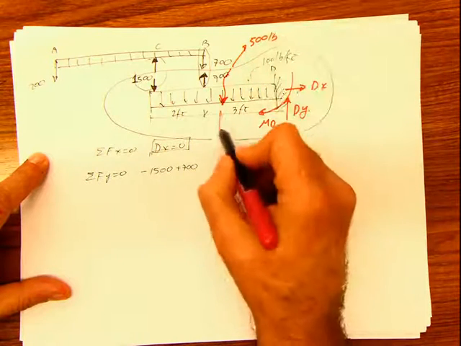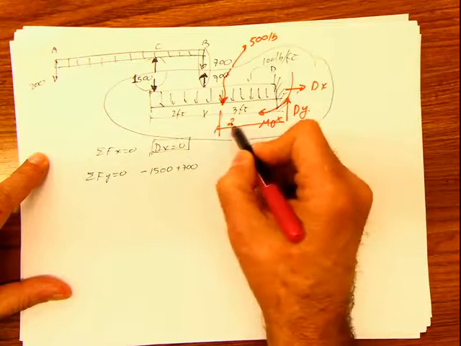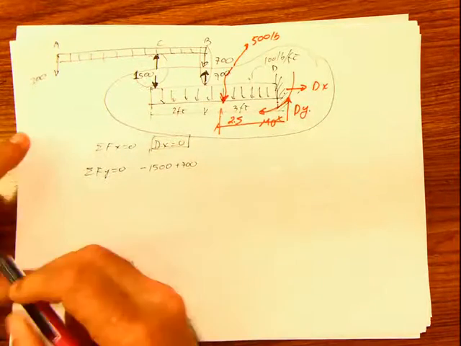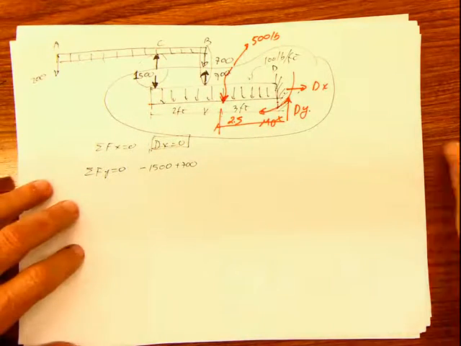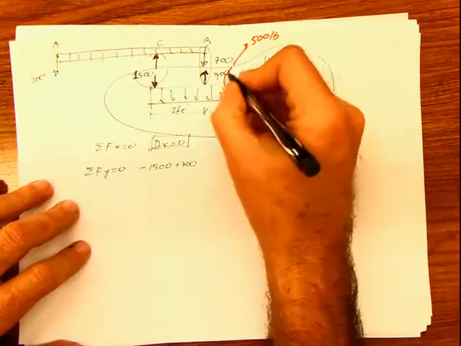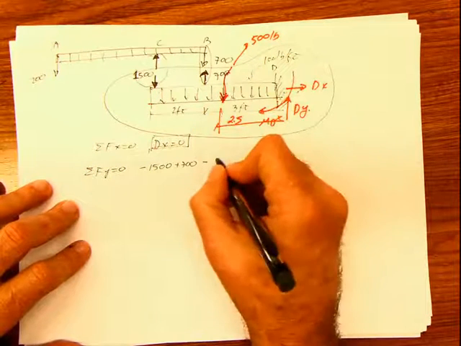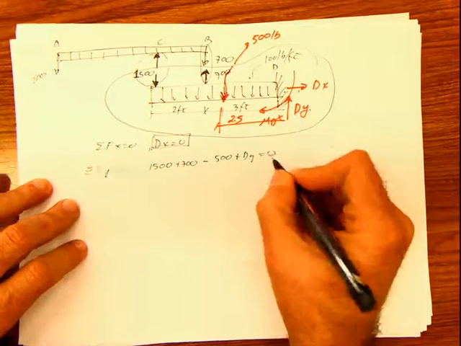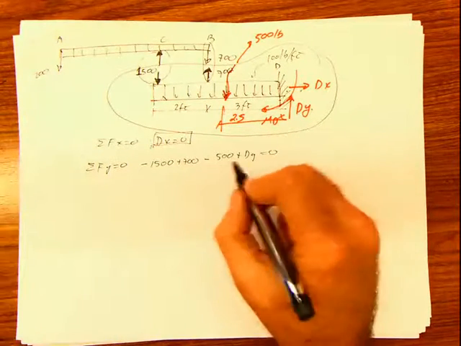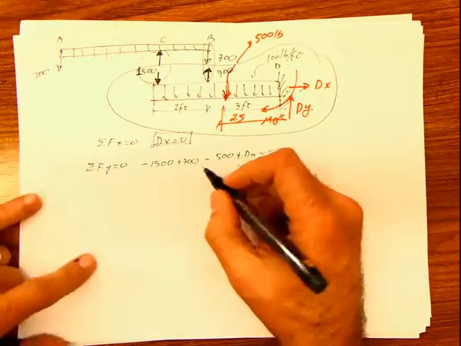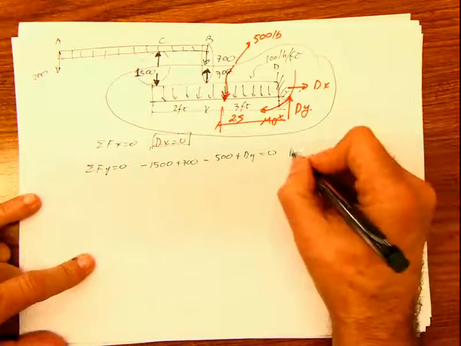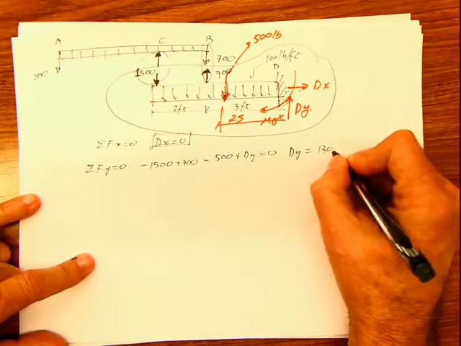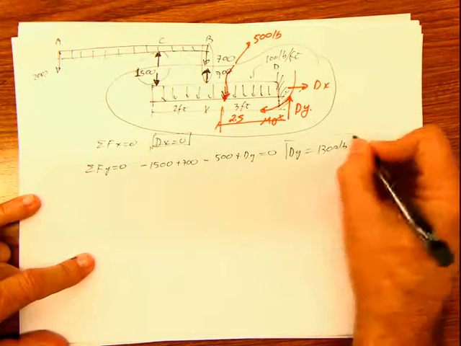And the location from this point is going to be 2.5, because it's the center of that beam. So this is going to be negative 500, plus Dy equals 0. Negative 1500 plus 700 is negative 800, minus 500 is negative 1300. Pass it to the other side: Dy is 1300 pounds.